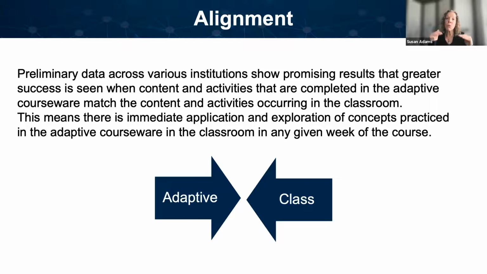So even schedule-wise, aligning that is important, but also the content itself and how it's being presented needs to be aligned with what you're saying in the course and also what's happening in the adaptive, which requires faculty to get to know the adaptive content very, very well. And then at times they need support on that. And we're going to talk about how we as instructional designers can support that knowledge and deep understanding.